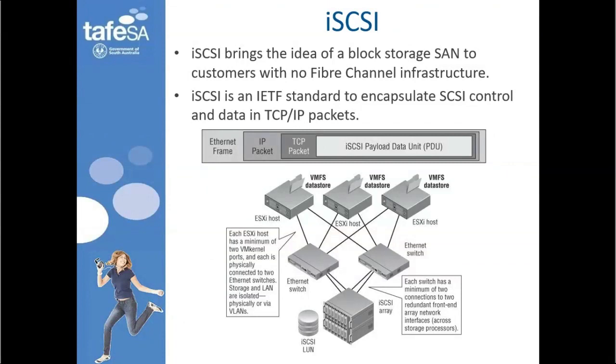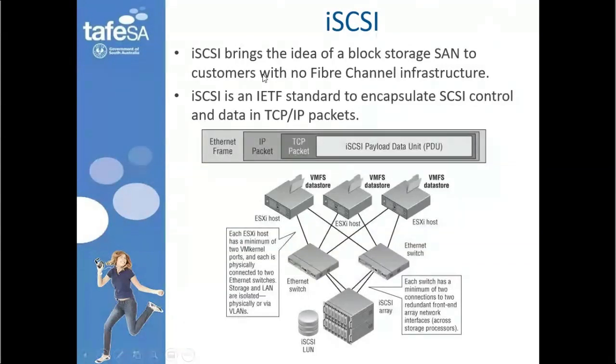But iSCSI means IP SCSI, which basically means just like Fiber Channel was encapsulated in Ethernet, SCSI is encapsulated in TCP/IP. So these SCSI commands, SCSI instructions, are sent through the normal TCP/IP network. What does that mean? If it's TCP/IP, it means it's routable, isn't it? But to be honest, I wouldn't route this because it actually needs to be very high speed.